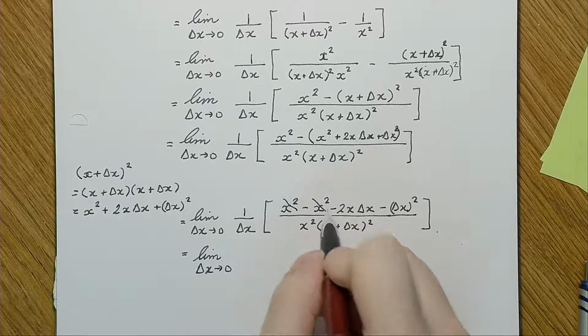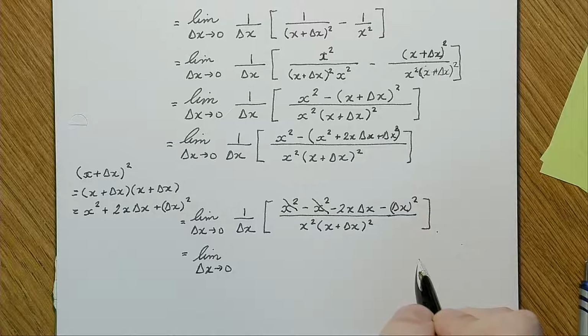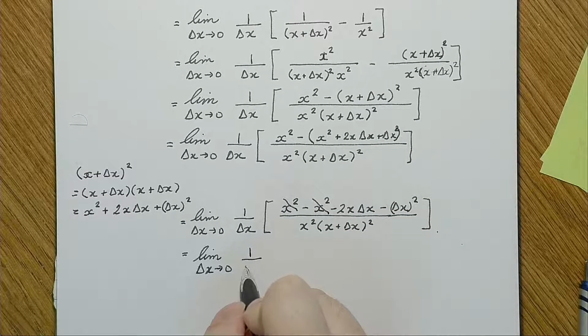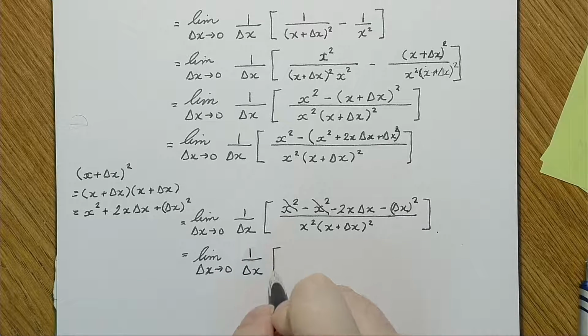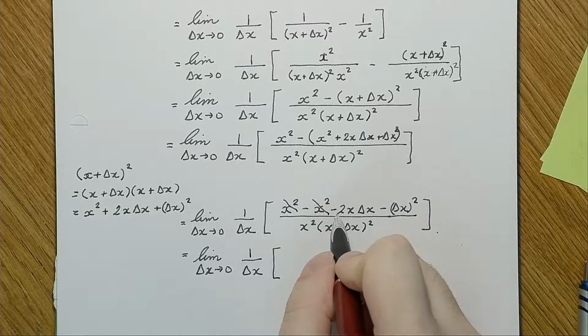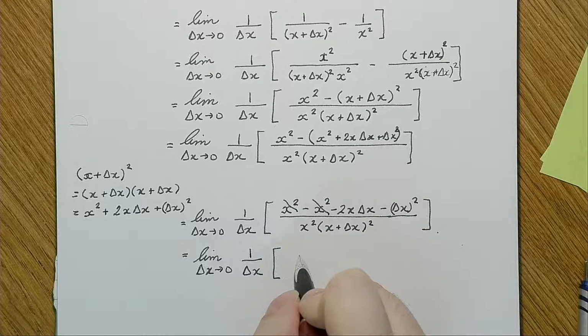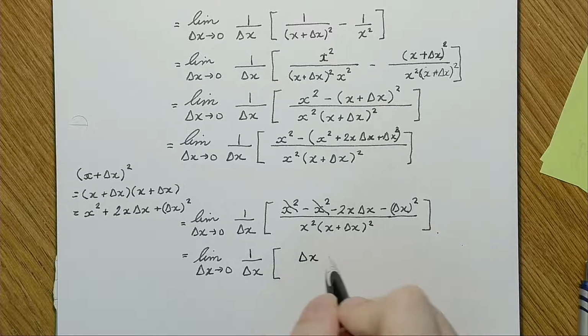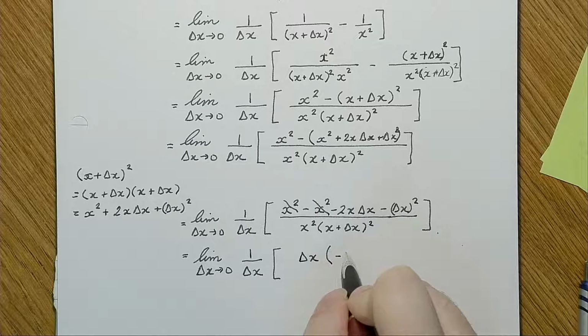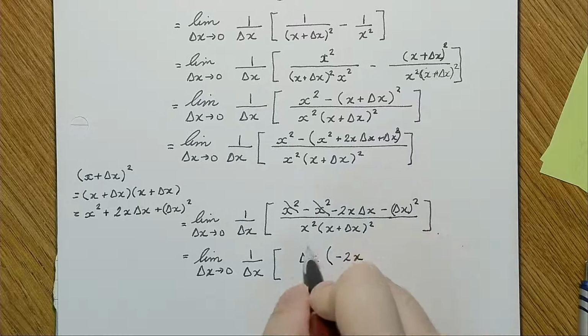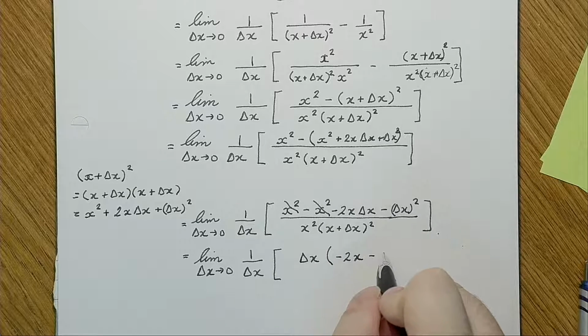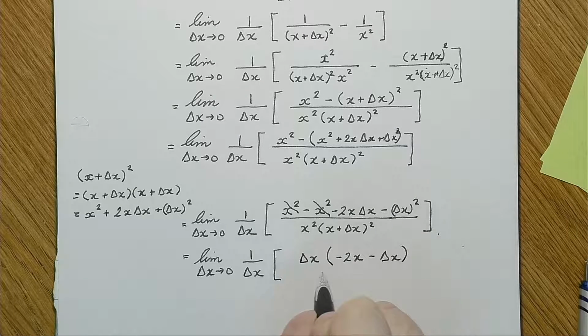So I have that cancels. That's it. That's all I have. So I'm left with the minus 2x delta x minus delta x squared. So I'm going to factor that out. So I'm left with the minus 2x minus delta x, with the delta x coming out in front.